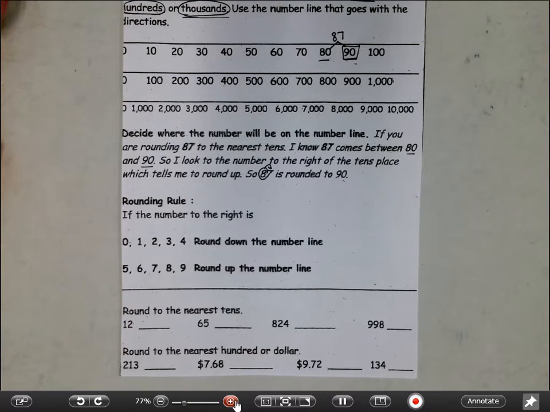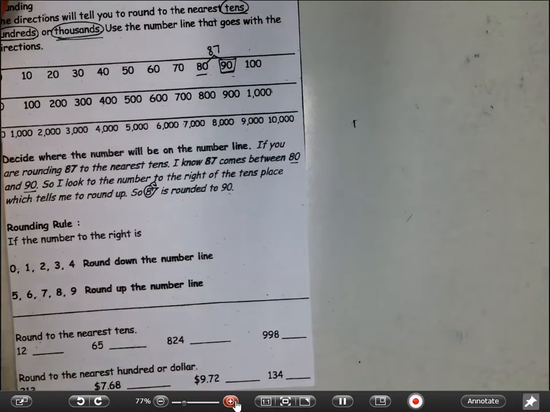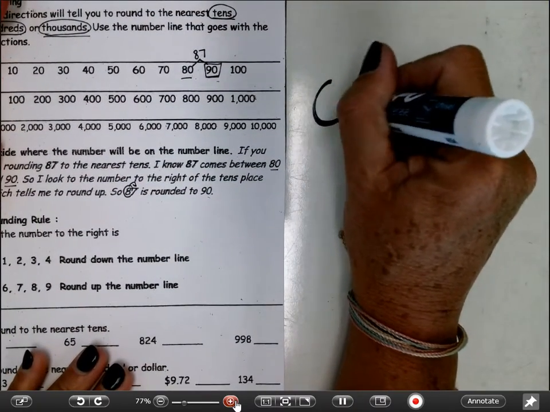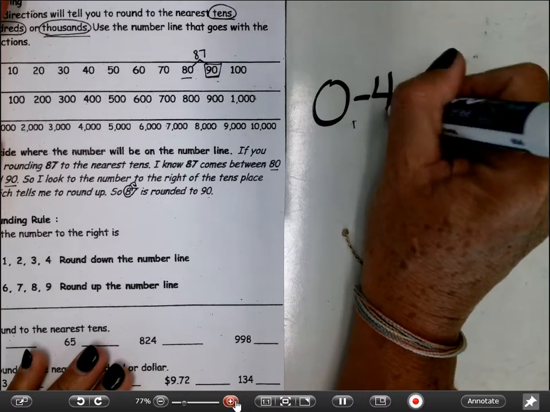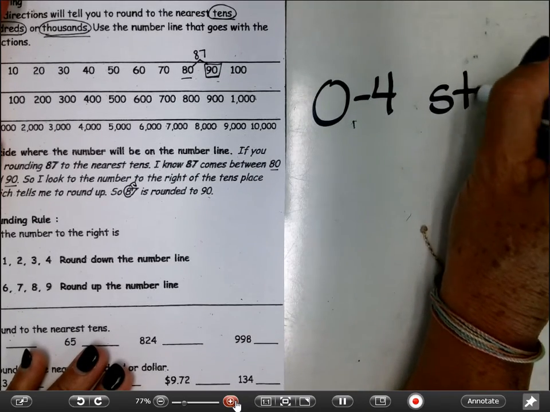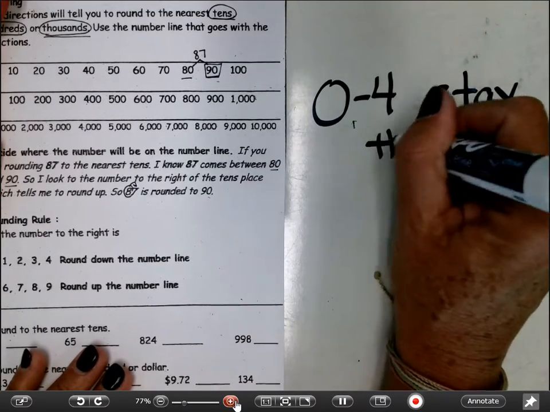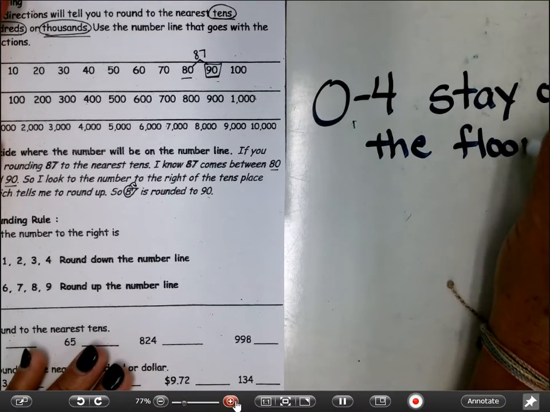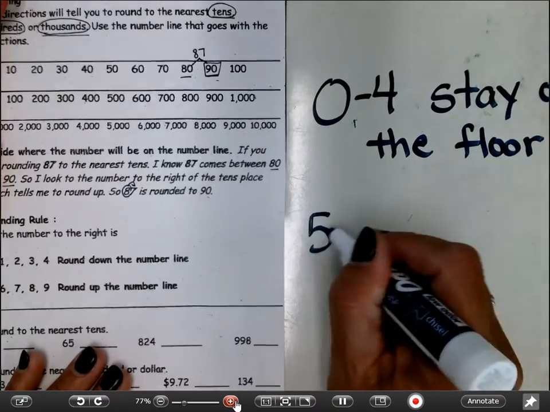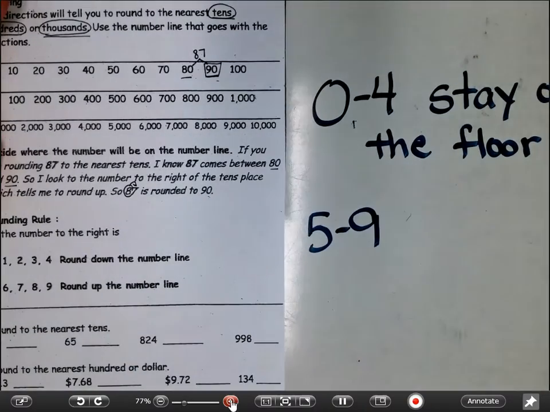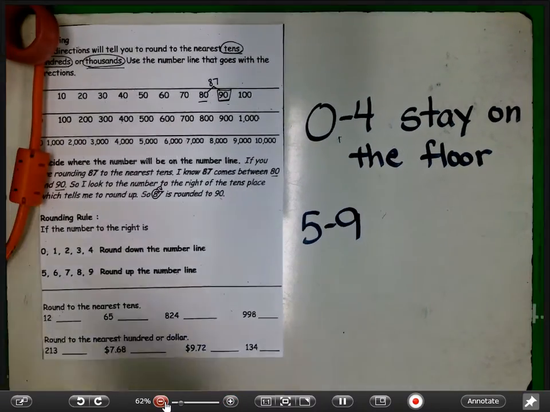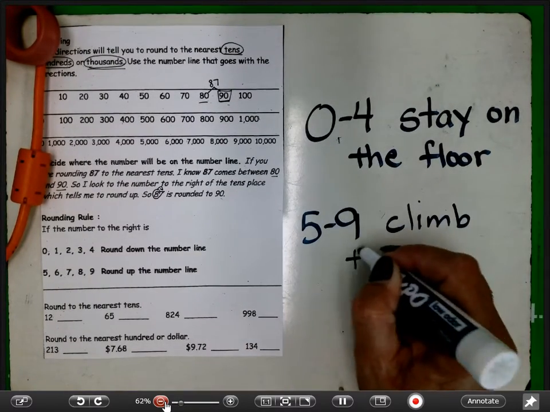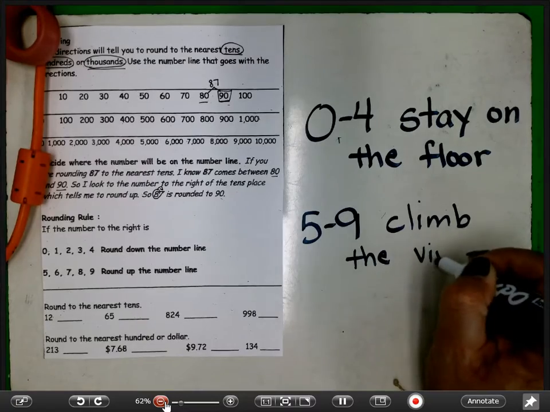Now, let's think about our poem that we've learned. Who remembers it? 0 to 4, stay on the floor. 5 to 9, climb the vine.